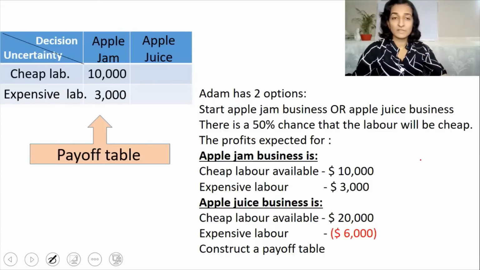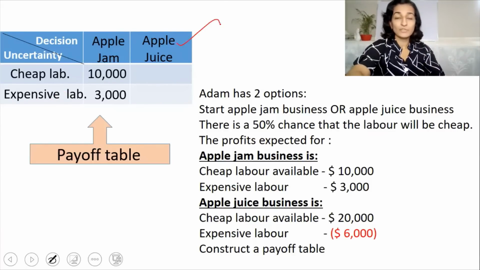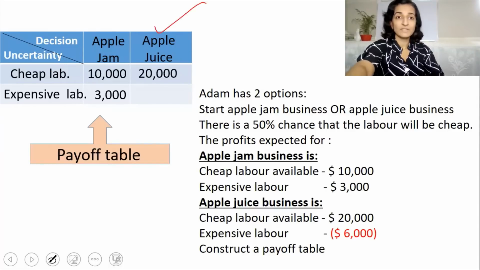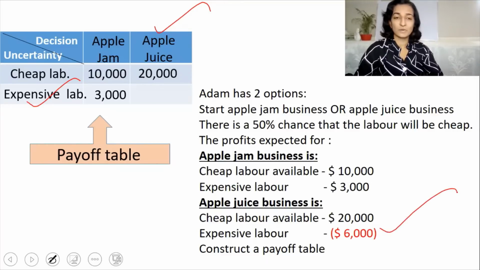Now coming to the third situation, if he starts apple juice business and he gets cheap labor, then he gets a profit of $20,000. So we write that too. And the last situation is, if he starts the apple juice business and he gets expensive labor, then he ends up with a loss of $6,000. So we write that too. And the payoff table is complete.